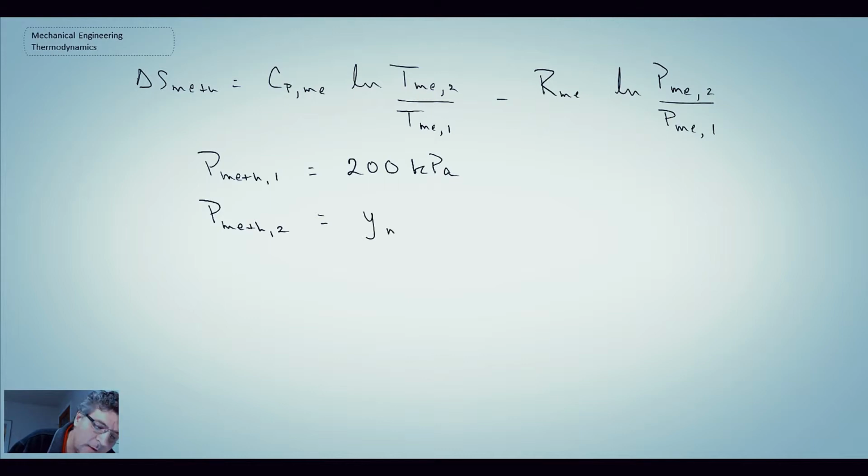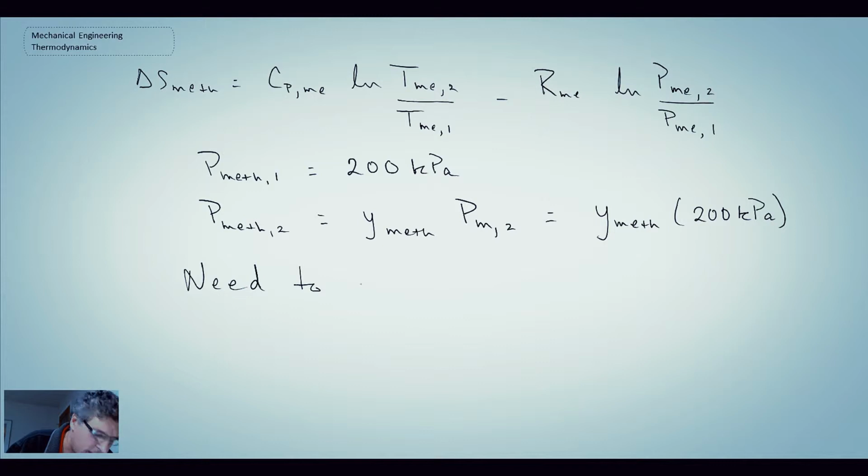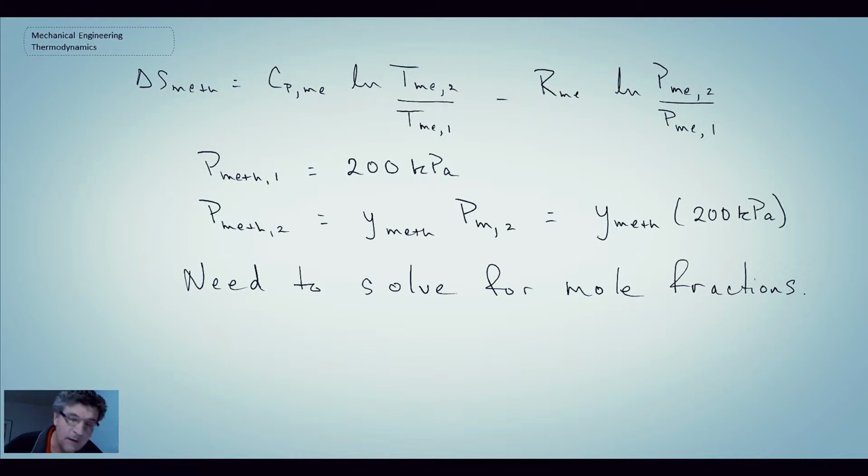Again, we need to know the mole fraction, and then that would be multiplied by the mixture pressure at exit conditions, which is 200 kPa. So in order to proceed, we need to solve for the mole fractions. So that's what we will do next.